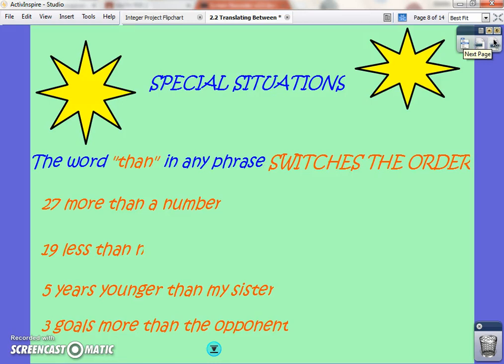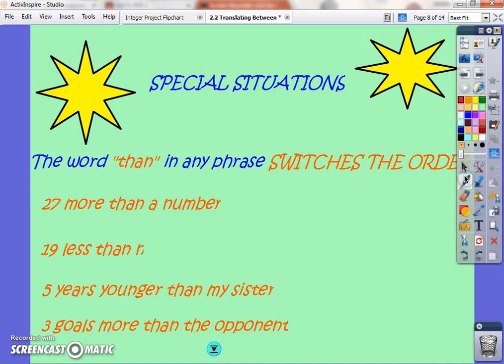Okay, so special situations. The word "than" in any phrase switches the order. These are the trickiest for kids. So 27 more than a number. It switches the order, so as soon as you see "more than," you want to switch the order. We know that we have some number, x, and we have 27 more than that, so x plus 27. For example here, 19 less than n.